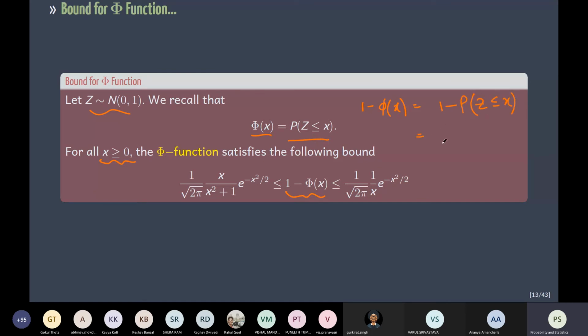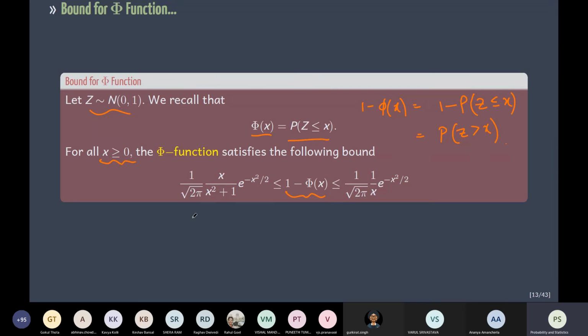But we know the complement of this is the probability that Z is greater than x. So in other words, the probability that Z is greater than x satisfies this as a lower bound and this as an upper bound. To show the bounds, let us prove case by case.